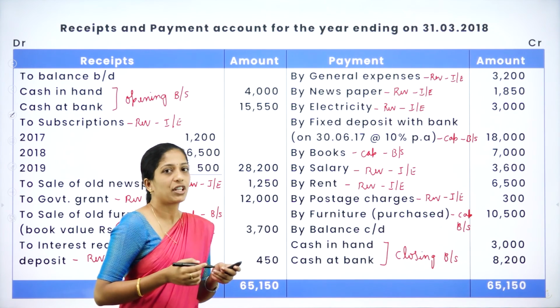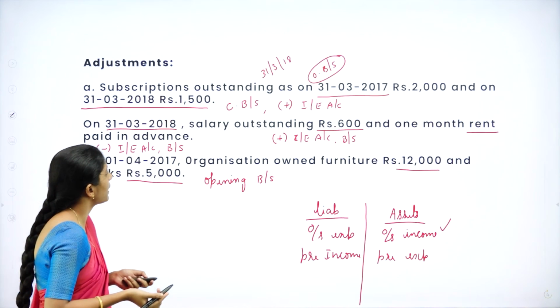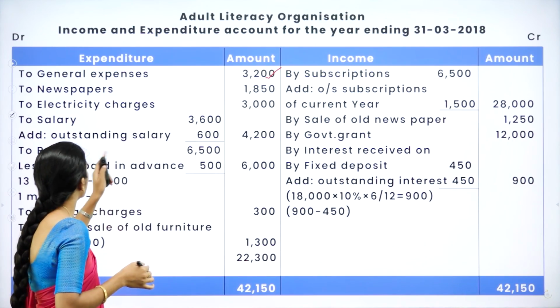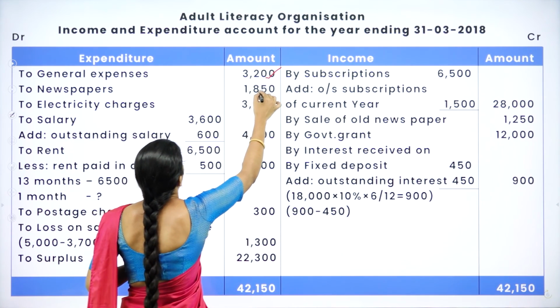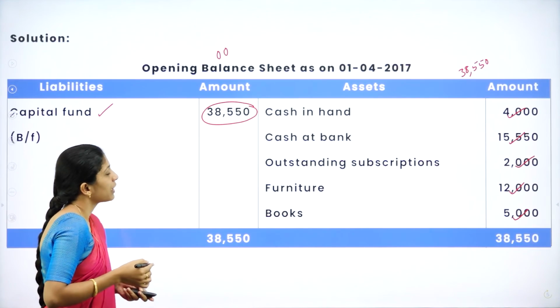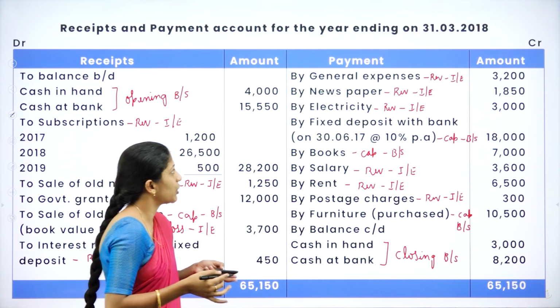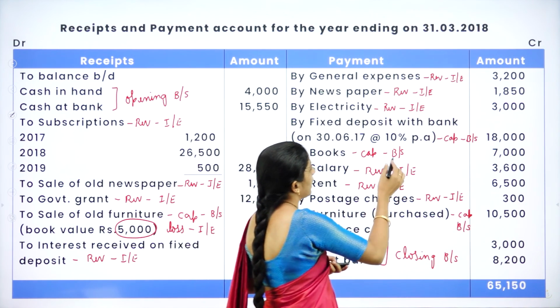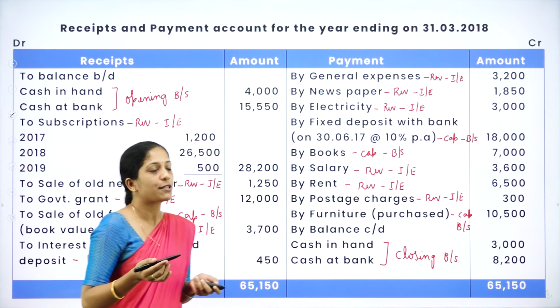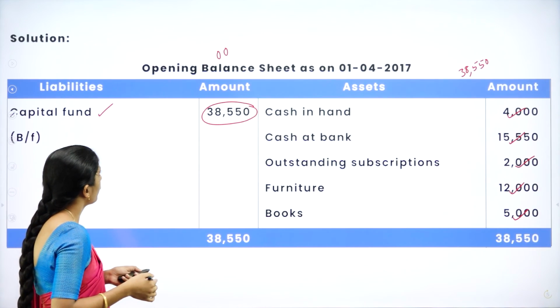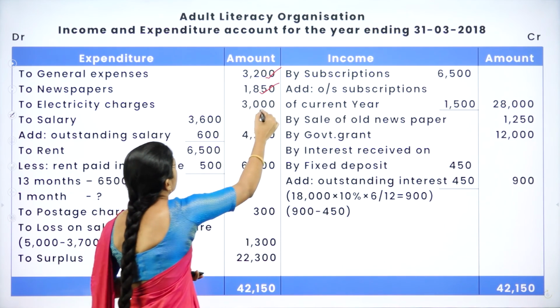It is also a revenue item, and there is no adjustment relating to newspaper, so we will record the same amount, to newspaper 1,850. Next is electricity charges. It is also a revenue item which comes under the income and expenditure account, 3,000. There is no adjustment relating to electricity charges here, so we are going to record the same amount, that is 3,000.